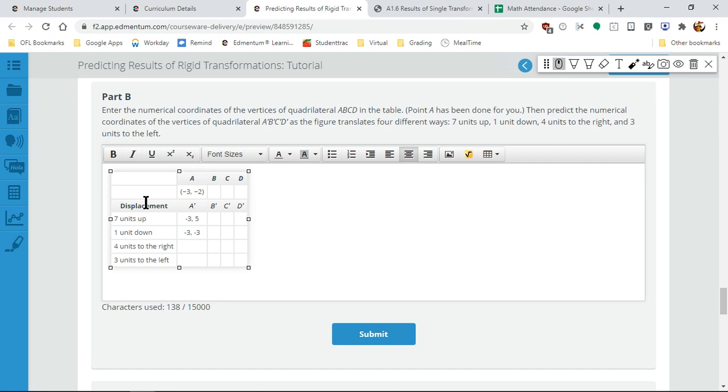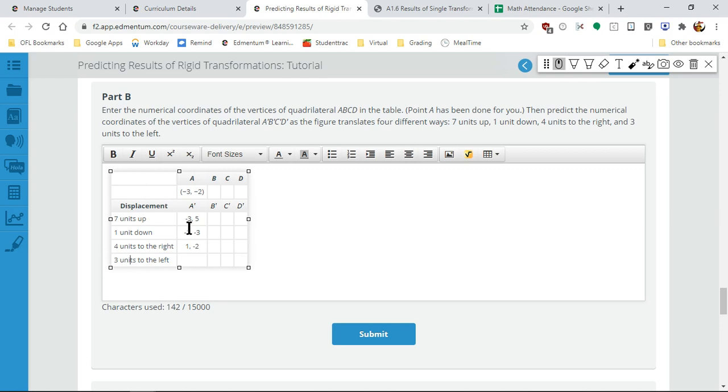The reason why I'm not experimenting with the GeoGebra is I'll show you why. I'm not the biggest fan of translations on GeoGebra, but I'll show you in a sec. So I'm going to go to the right. So if I'm going to the right, I'm adding 4 to this negative 3, which makes it a 1. And my y stays the same. If I'm going to the left, I'm subtracting 3.